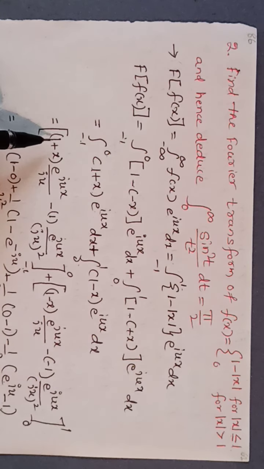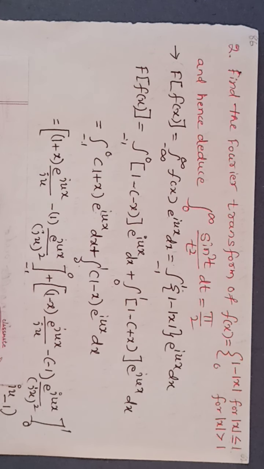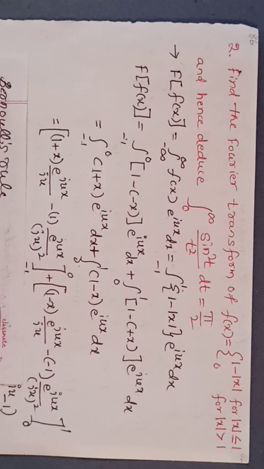Next we have to apply Bernoulli's rule of integration. What is that? Integration of uv is equal to u times the integral of v dv, minus u dash times the double integral of v, that is integrating 2 times.